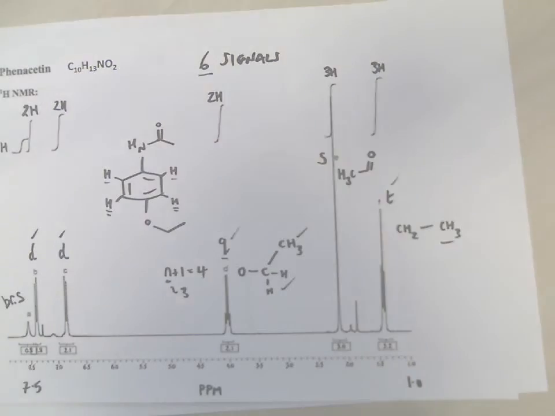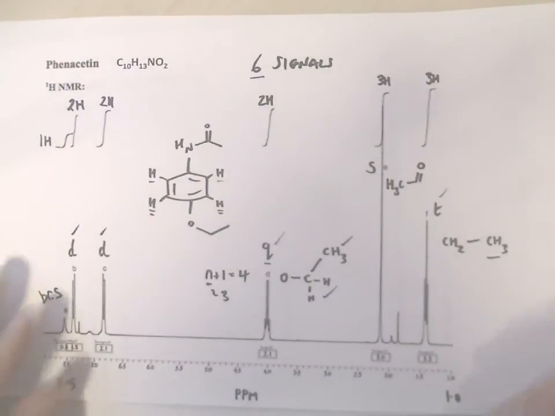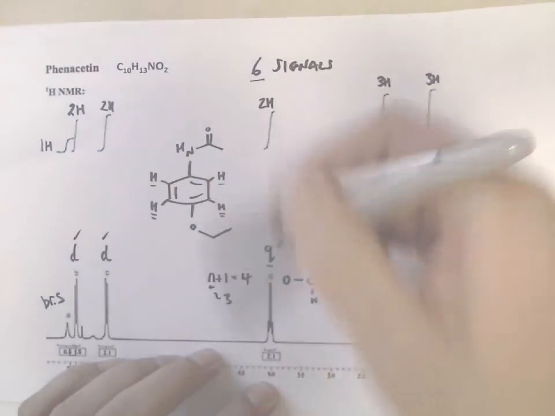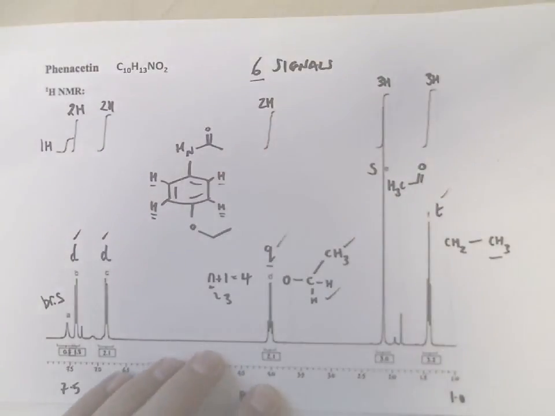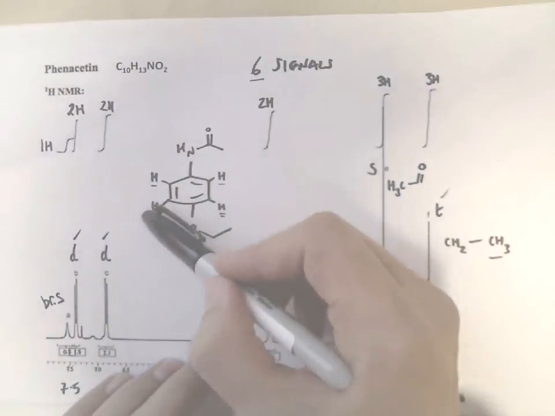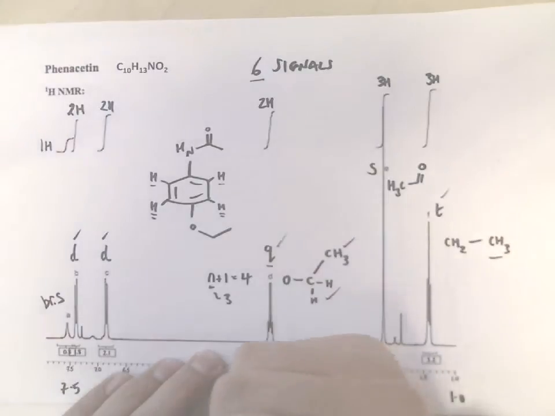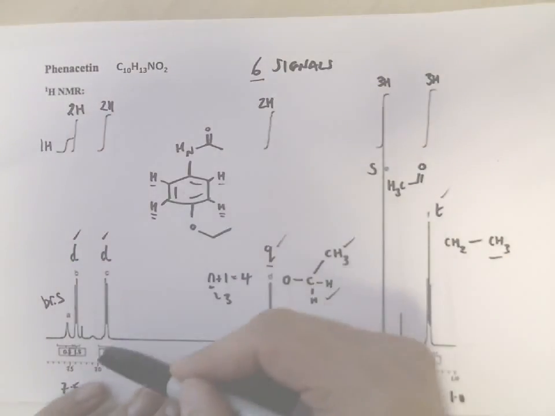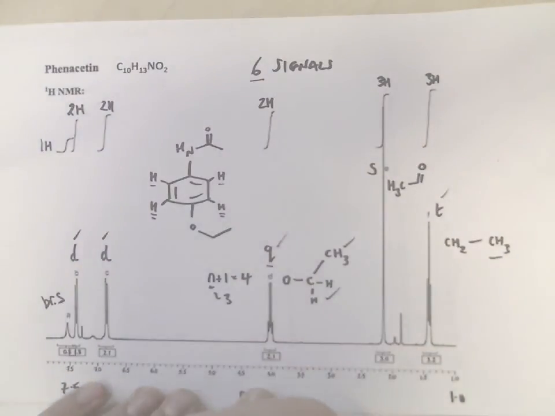So let's look back now at the spectrum to see if our structure fits with what we'd expect. So you'd expect to see two doublets in the aromatic region integrating to 2 each. Yes, we see that.